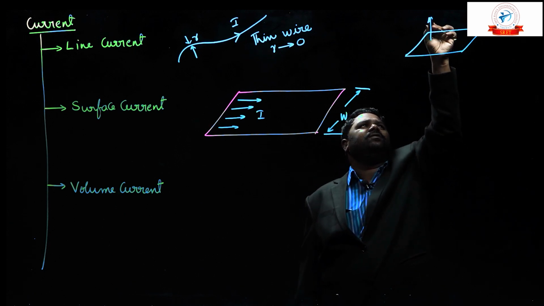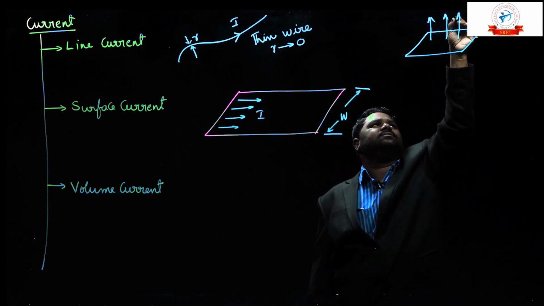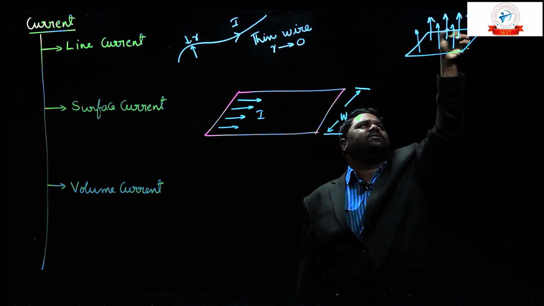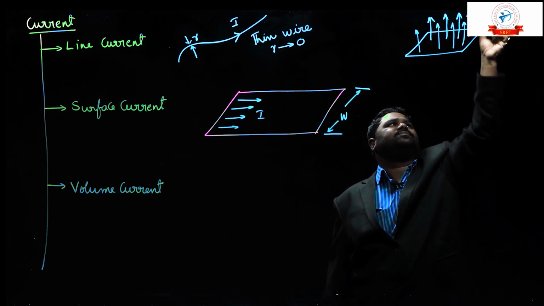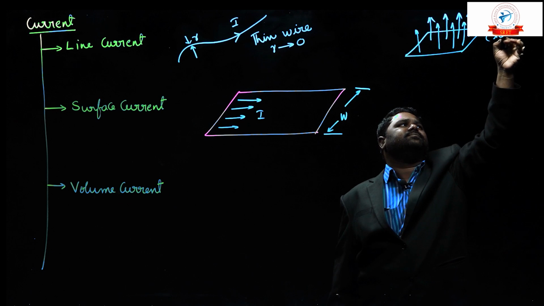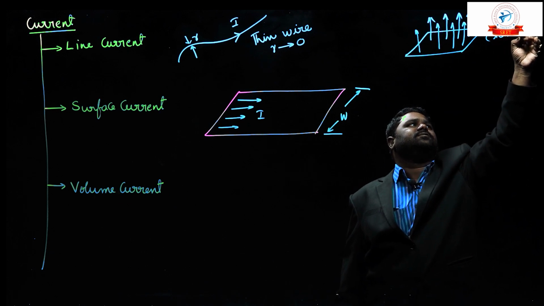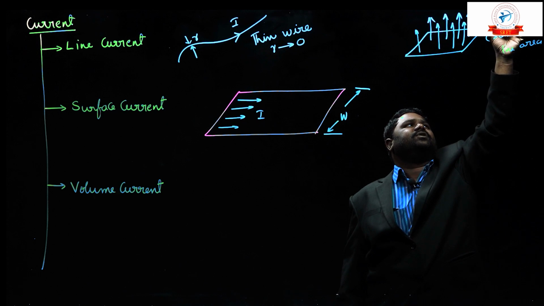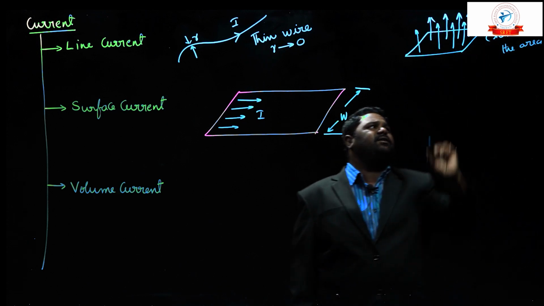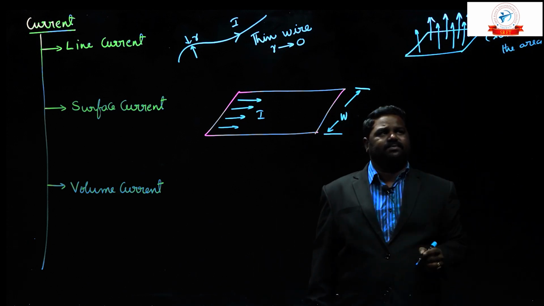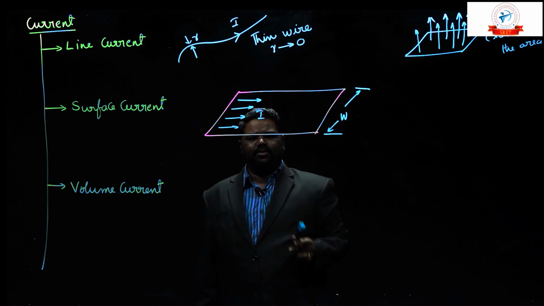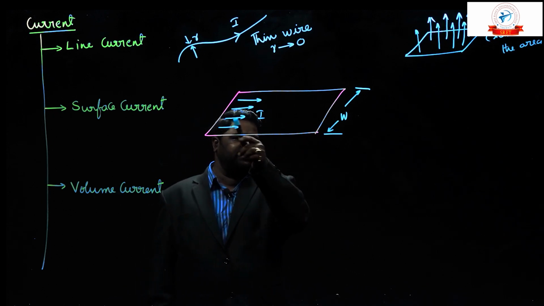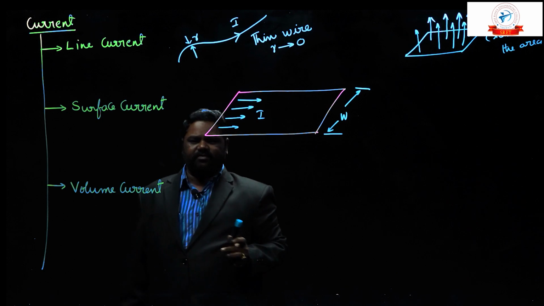When current flows like this, then we can say that current is crossing the area. But here in this diagram, what is happening? The current is flowing in the entire sheet. It covers the entire sheet, so it is called a surface current.